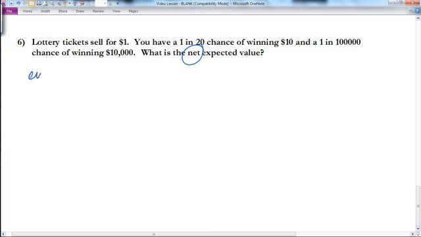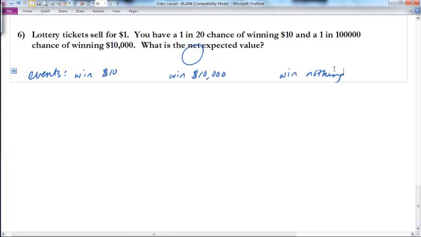And our events that we could have occur is we could win $10, we could win $10,000, which would be ideal, or we could win nothing. So each of these events has a probability of occurring. The event of winning $10 has a 1 in 20 chance of happening.